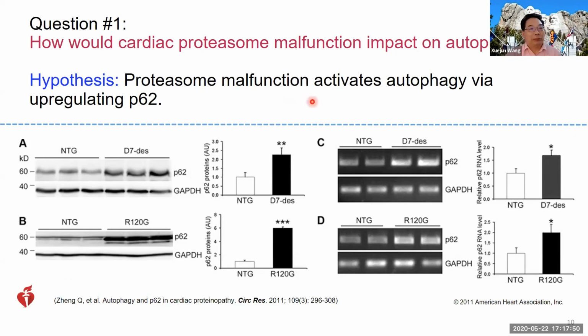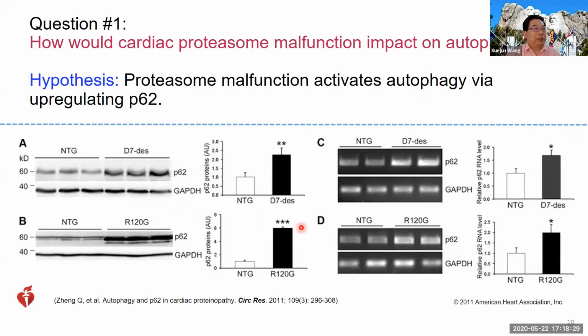The reason we came up with this hypothesis was that we already showed proteasome malfunction and autophagic activation coexist, at least in DRC heart, so there might be proteasome malfunction-induced autophagy. And we also saw, at both the mRNA and protein levels, in both models of DRC, that P62 is significantly upregulated.